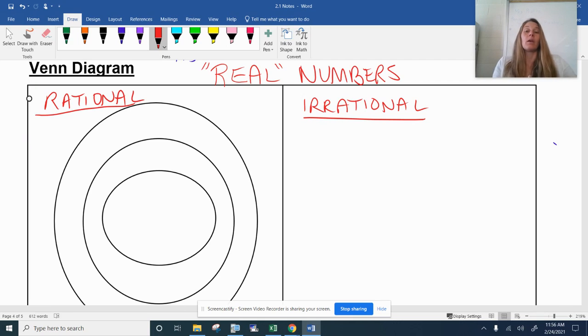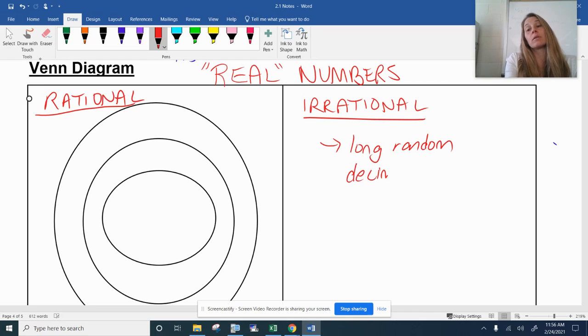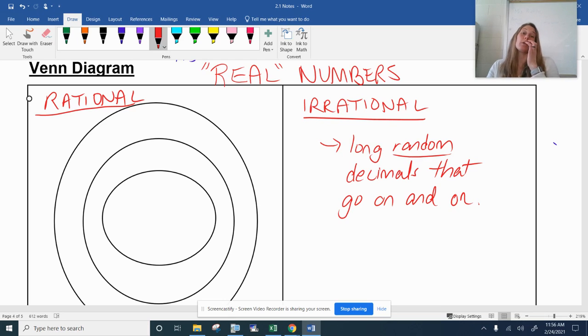And these are all of those long, random decimals that go on and on. The reason why I'm saying random is because they're not the same number or same two numbers or same three repeating.